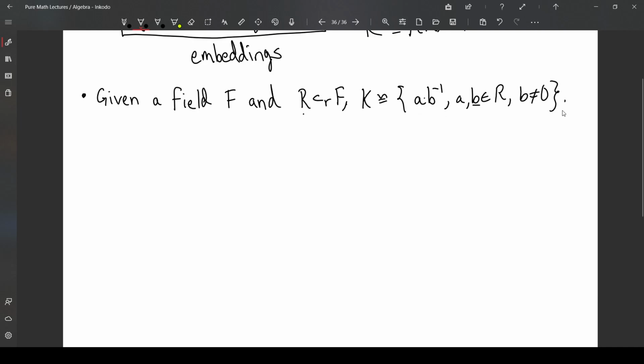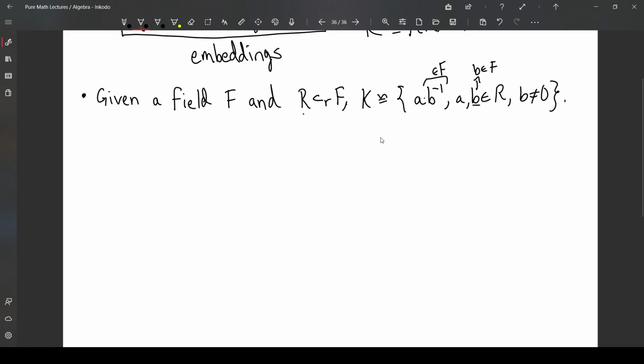But since B is a non-zero element in R, B is in F. So B inverse is an element of F, not necessarily in R. So we're presupposing that we have a ring that's sitting inside of a field, so we can take inverses, but it just might not be in R.